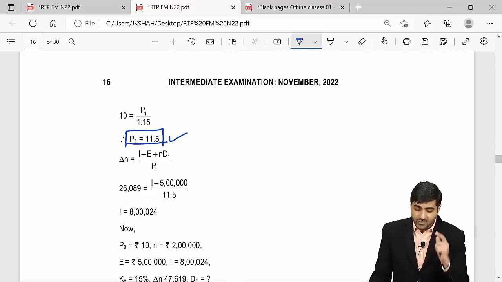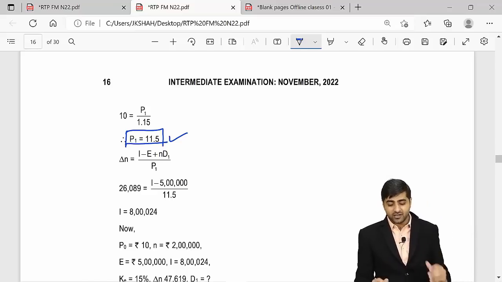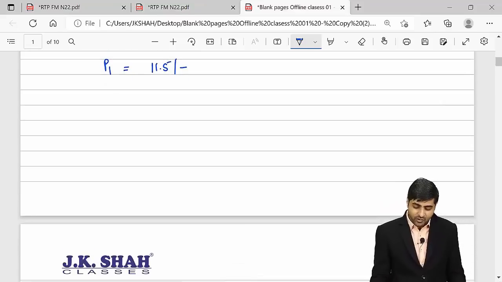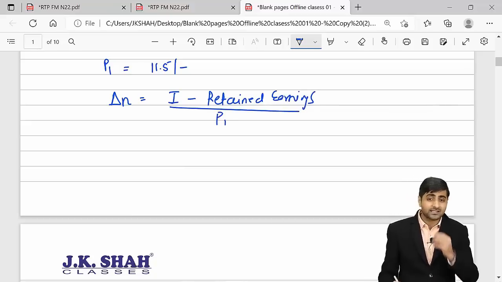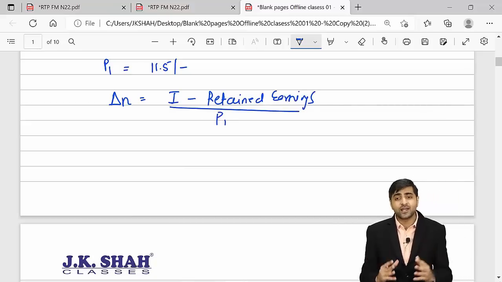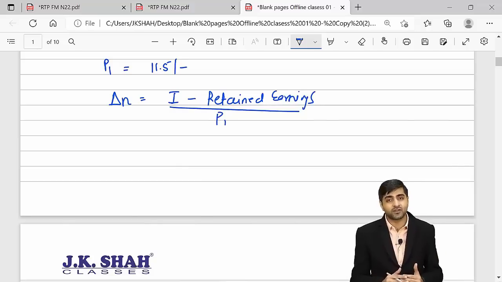Okay. Now, how will you calculate your investments? So can I put it like this? Your fresh issue is completely based on whatever is your investment minus retained earnings, and you divide this by your P1, the price at the end of year 1. This will actually give you your fresh issue of number of equity shares.